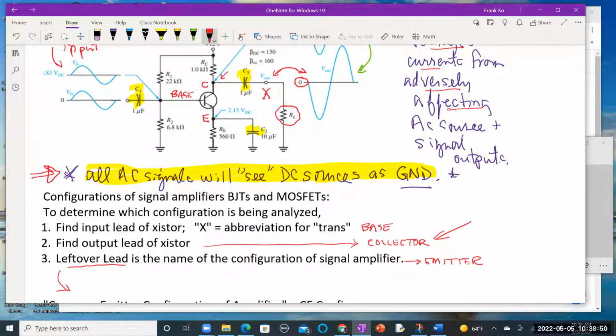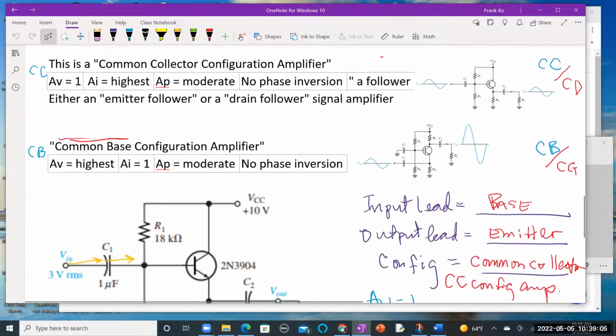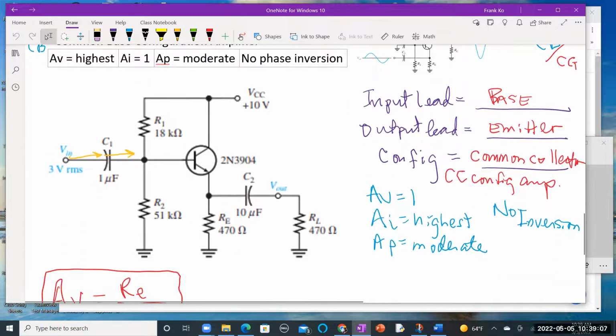All AC signals will see DC sources as ground. I wrote it down. I said we would come back to it. This is significant to help you understand what's happening on the input side. So, which way does the signal flow in this particular case? The signal will flow on the input side.